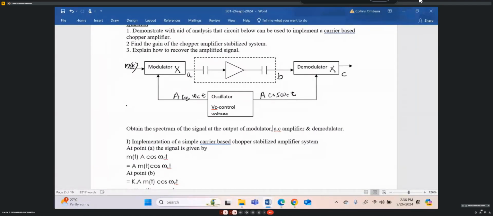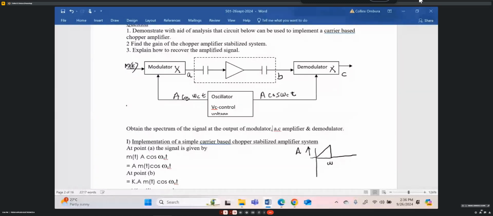Okay. So in the frequency domain, I'll just draw a spectrum over here for m(t). Let's assume this is the highest frequency. This is our signal, m(t). So this is omega, the maximum frequency, and this side is amplitude, of course.